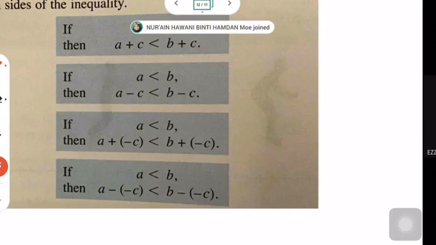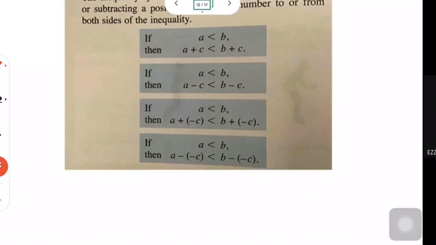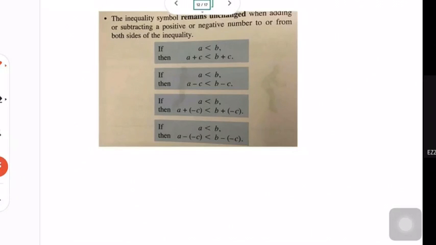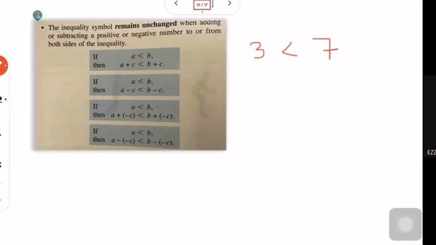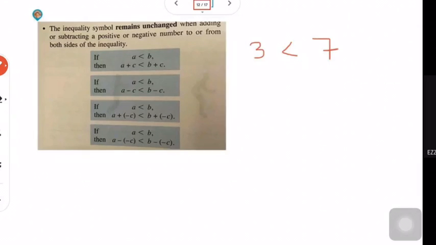Tunjuk contoh. Okay, tunjuk contoh dulu lah. Okay, let me give you some numerical example. Okay, let's say we have 3 is less than 7. So if we minus, tak nak minus 3 lah, minus 2 kan.